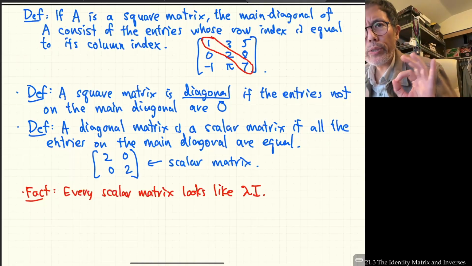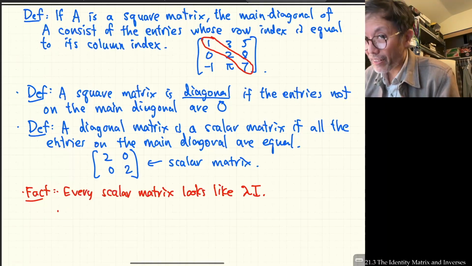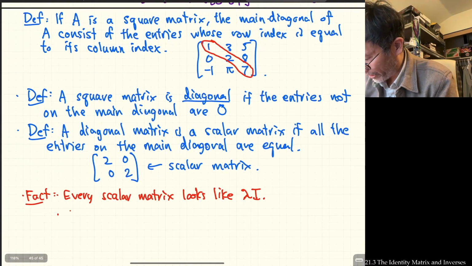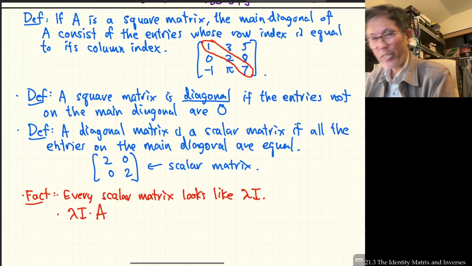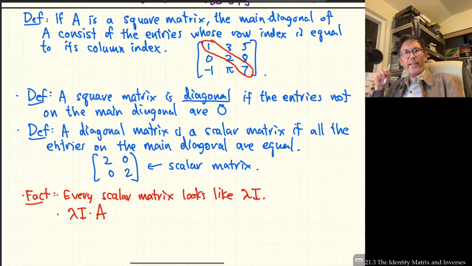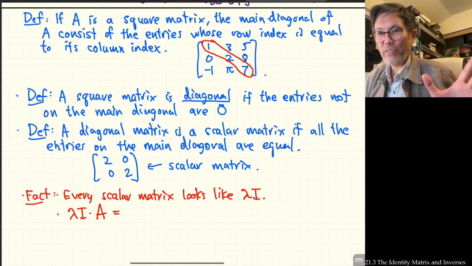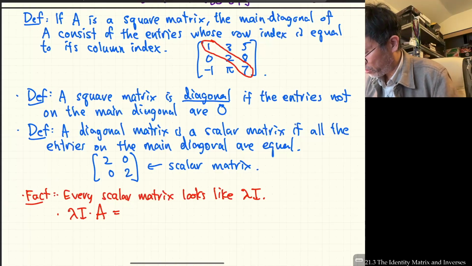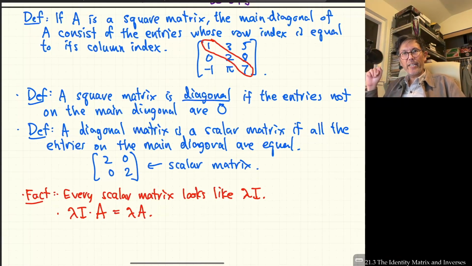Okay. Now, why do we call these scalar matrices? It's because if you take lambda times I sub n, let's just assume that I has the right size, and we take any matrix A and multiply by lambda times the identity, this is going to be equal to just lambda times A. Okay?